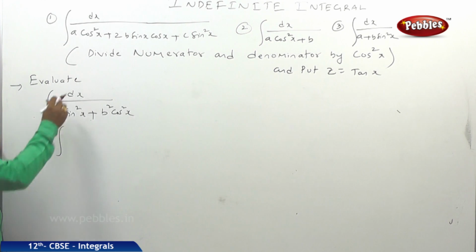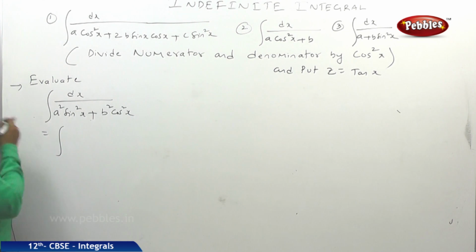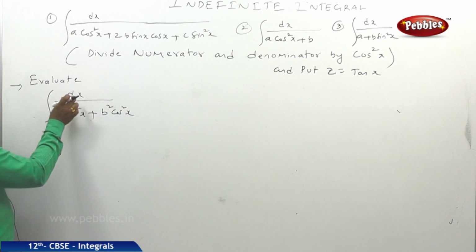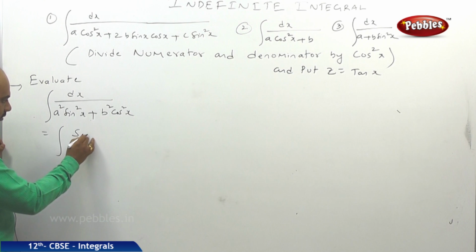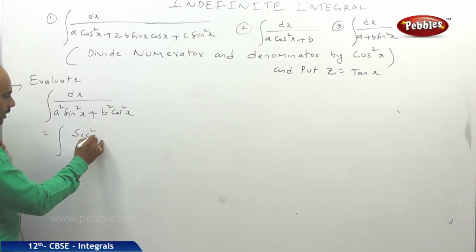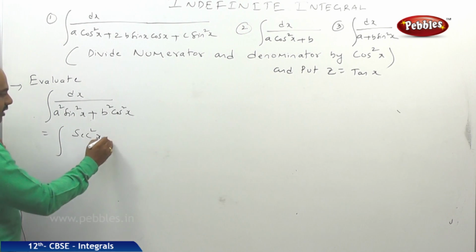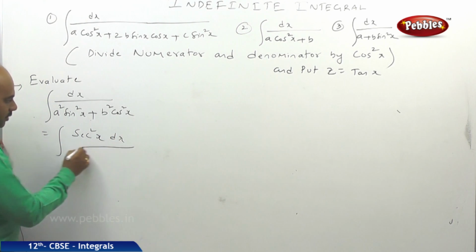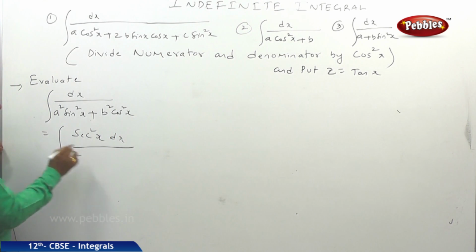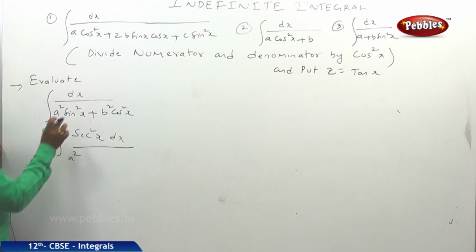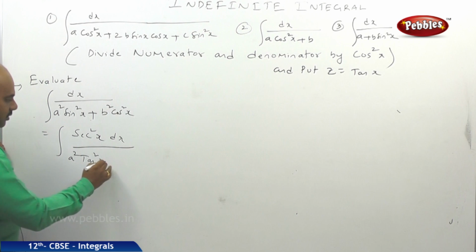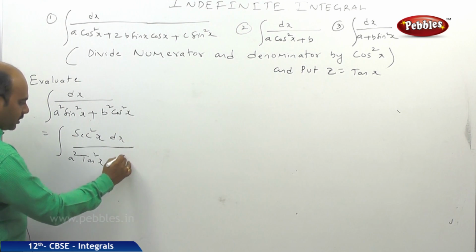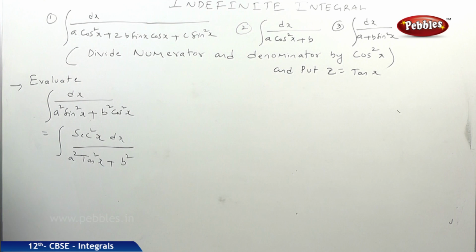What is the working rule telling? You divide both numerator and denominator by cos square x. That means here the numerator is dx, and dx divided by cos square x means 1 by cos square x, and 1 by cos square x is always secant square x. So directly I am writing secant square x dx divided by a square sin square x by cos square x. Sin square x by cos square x means tan square x, and here cos square x by cos square x cancels, and finally we get b square.